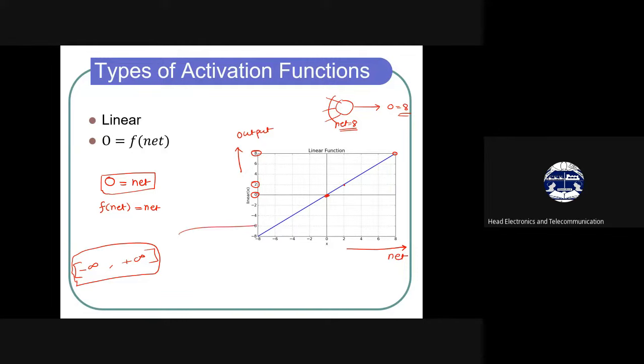Then you need such an activation function, because to this side you can go up to minus infinity and to this side you can go up to plus infinity. There is no lower bound or upper bound to this activation function. We need such functions in circuits which predict some values, like function estimation.